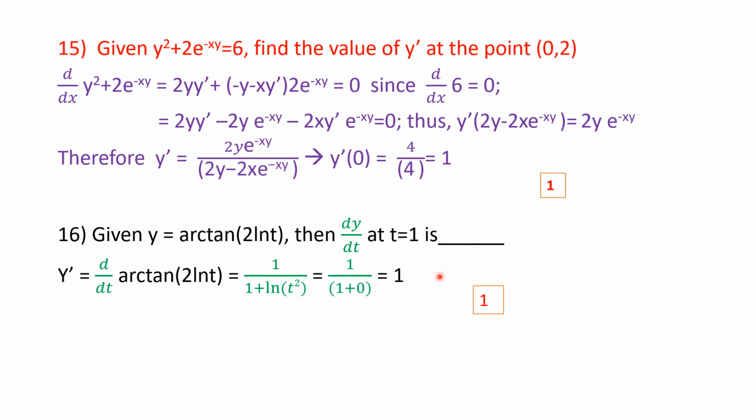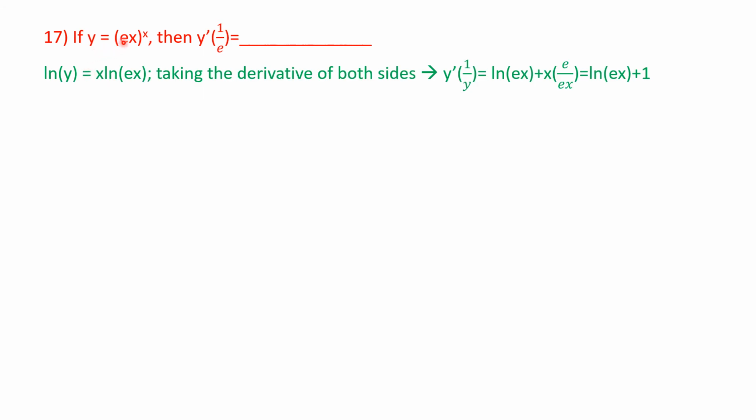Let's go on to the next question. It's question number 17. If y equal to ex raised to the power x, then y prime of 1 divided by e equals, that's what we're supposed to figure out. So we will go ahead and take the ln of both sides.